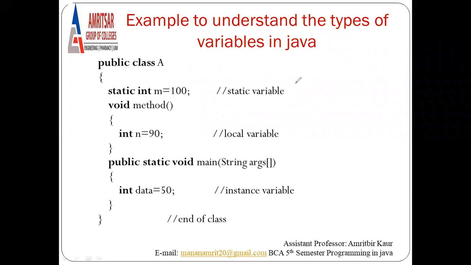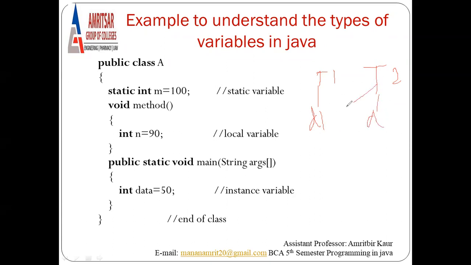For example, we have objects like T1 and T2. So here, for data, I'm writing just D. Like D1 is used by T1, and another copy of data will be used by T2.